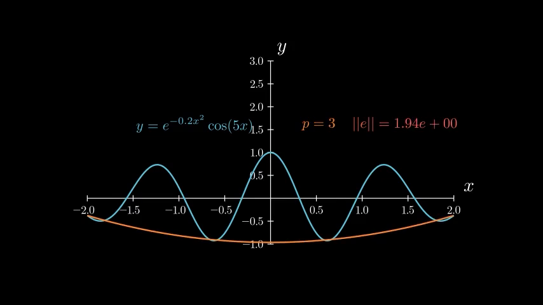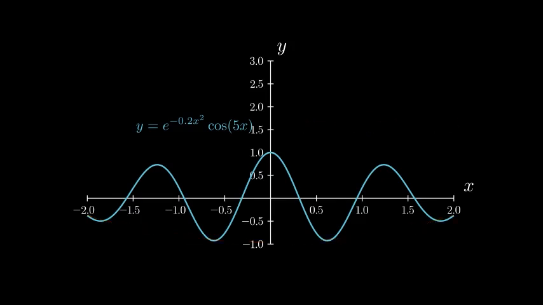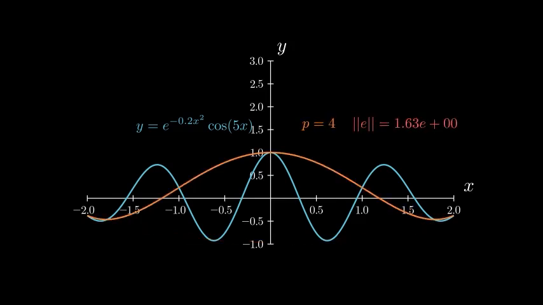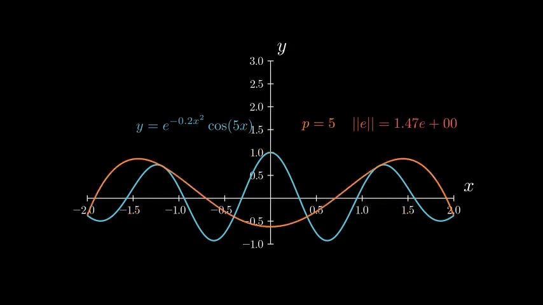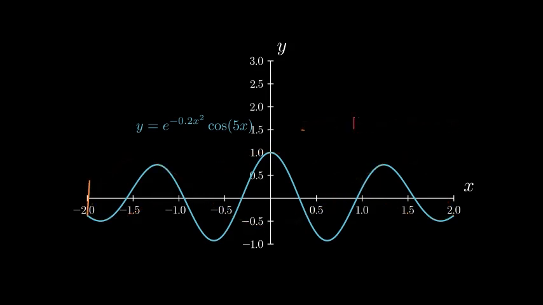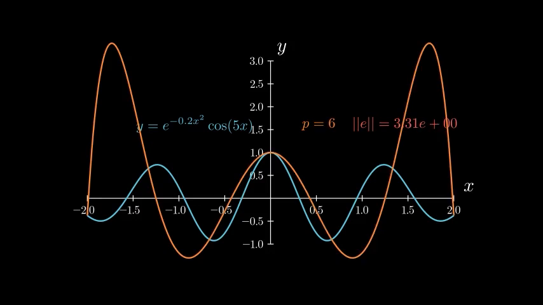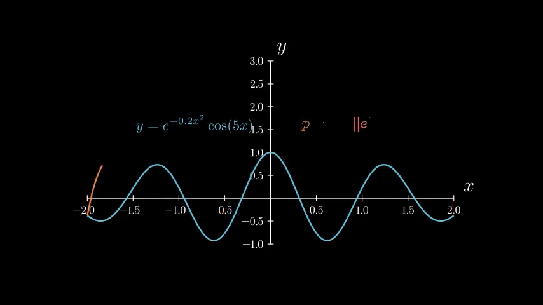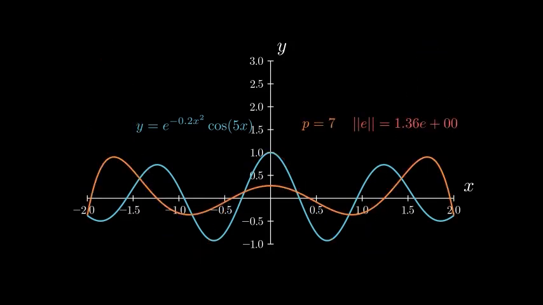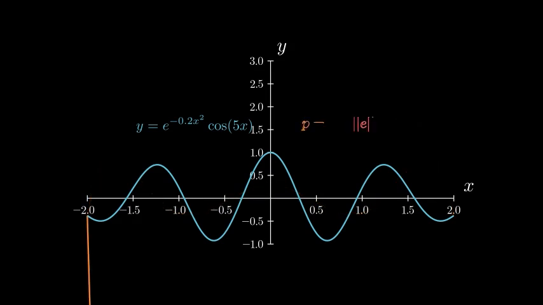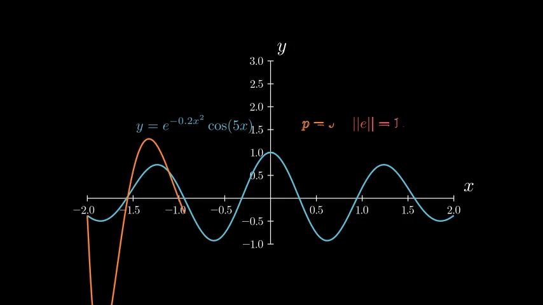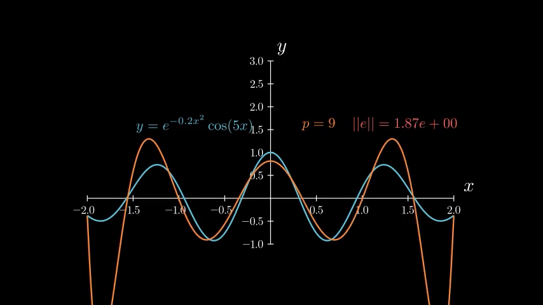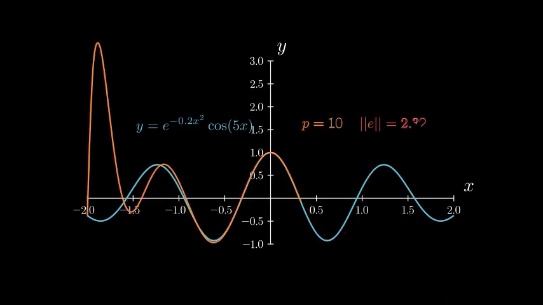Whenever the points are too close and varying a lot, then interpolation is not good at all. Here you can see, even with an increasing order of polynomials, the curve fitting is not very good. Even with p equals 9 or 10, we are having a huge error, particularly at the boundaries.